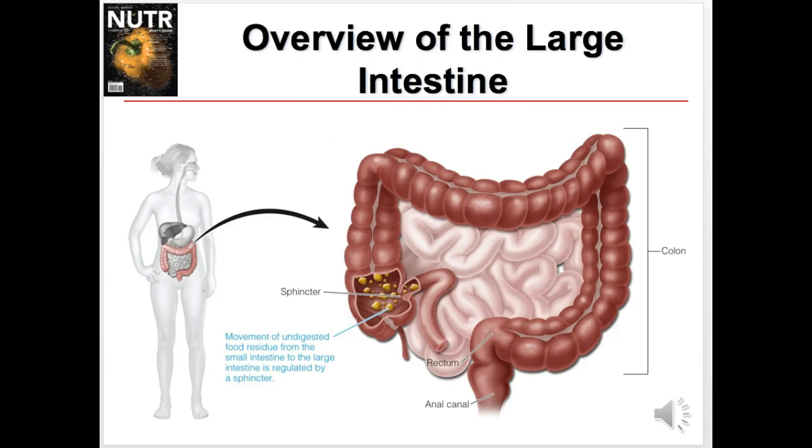Let's look at the large intestine here. So here's the movement of undigested food. Residue from the small intestine in the large intestine is regulated by the sphincter muscle. And then here's your rectum, anal canal, colon.